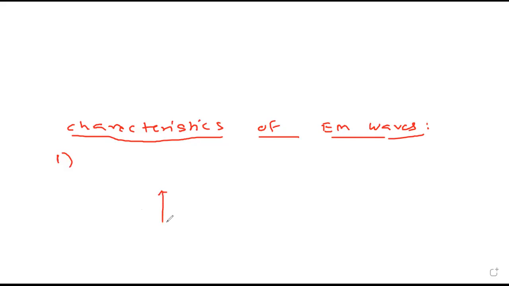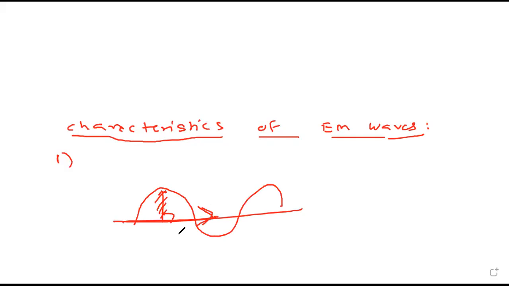If vibration is perpendicular to the direction of propagation, then what is this wave called? Transverse wave, correct. So can I say electric and magnetic field are perpendicular to each other and to the direction of propagation. Hence electromagnetic waves are transverse in nature.